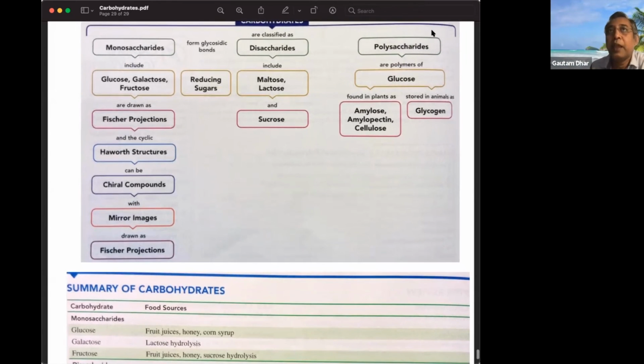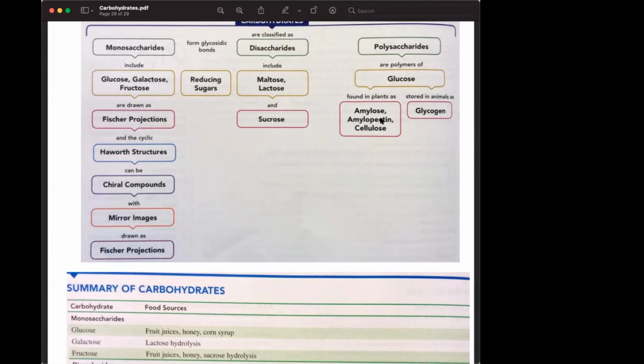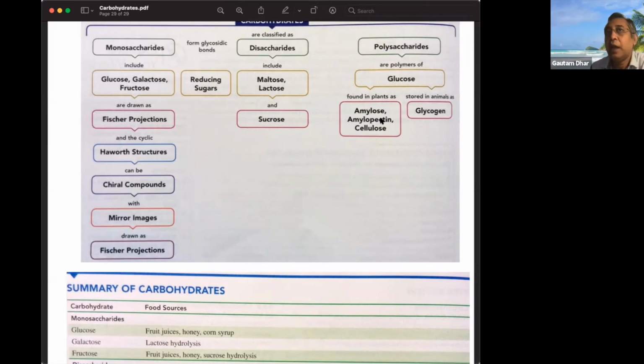Okay. And the polysaccharides, we have three: glycogen, starch, and cellulose. Starch is made up of amylose and amylopectin. Linkages are important, and the branching structure. So it's alpha 1,4 or beta 1,4 linkage.